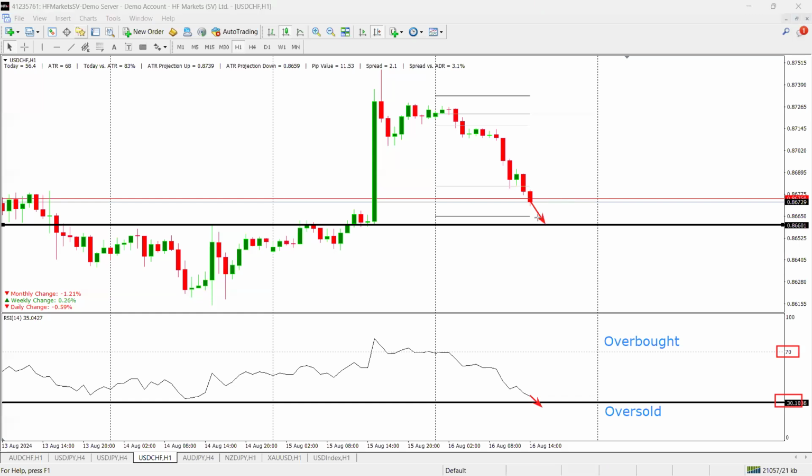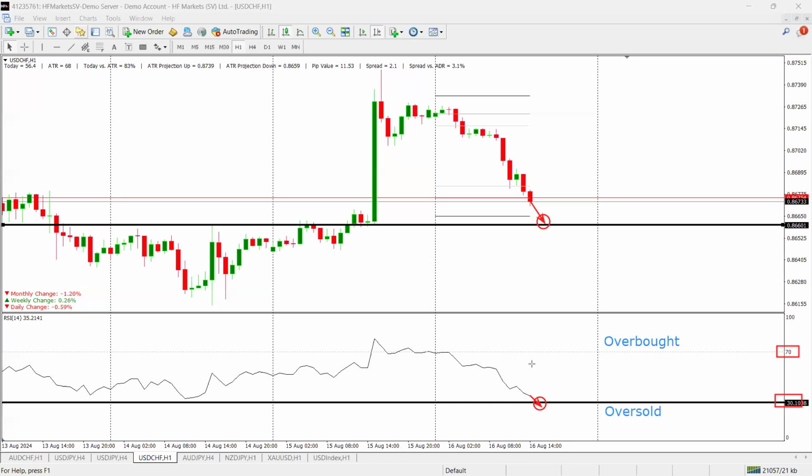So from this point here, when RSI also is going into oversold, what do I think? Do I think this would give me an opportunity to buy? If it's going to give me an opportunity to buy, the question is how long?